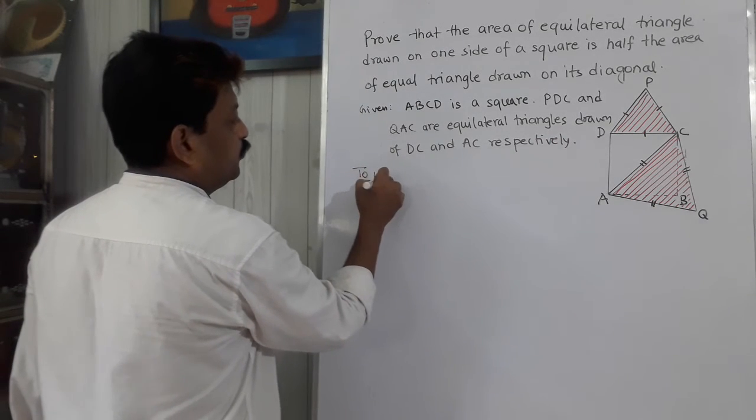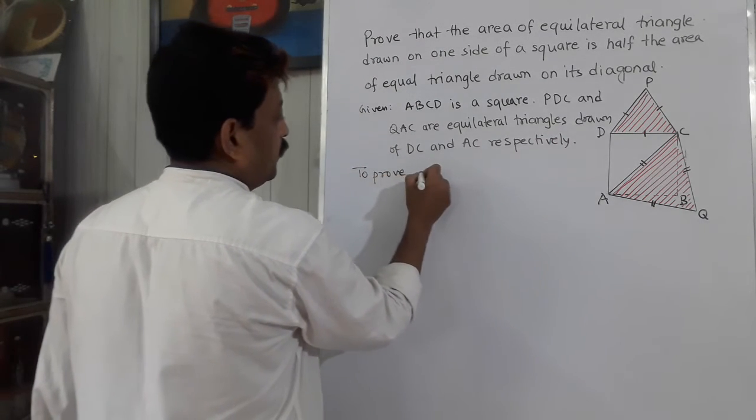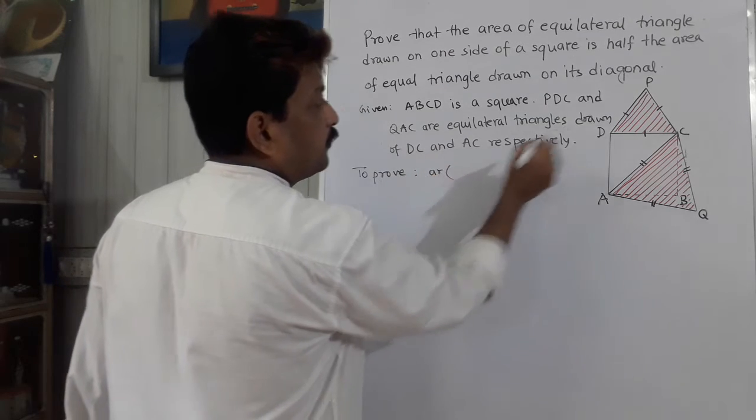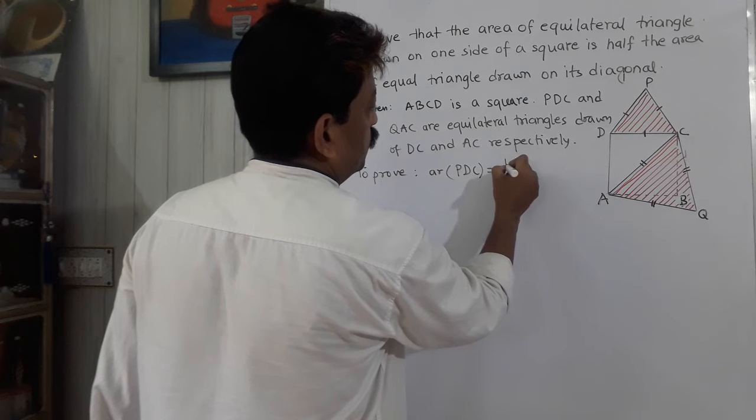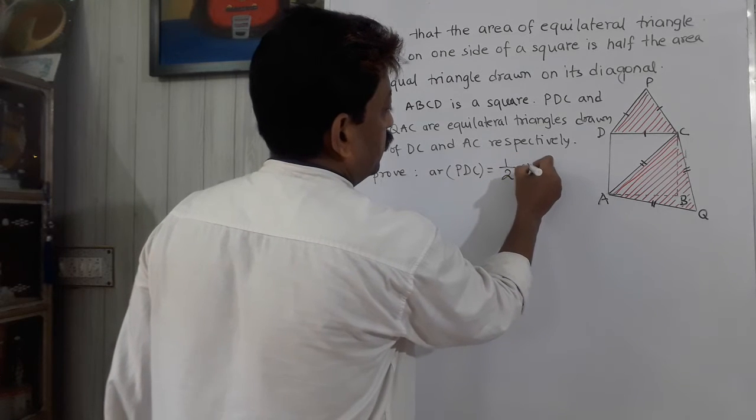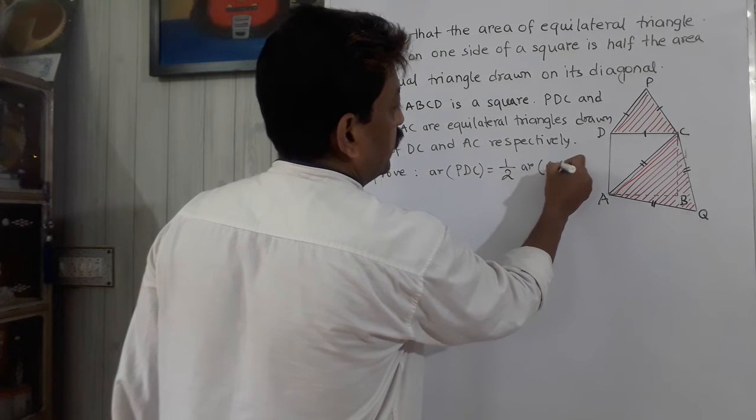We have to prove: area of triangle PDC is equal to half the area of triangle QAC.